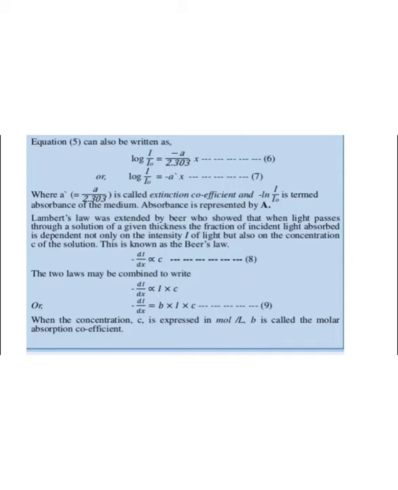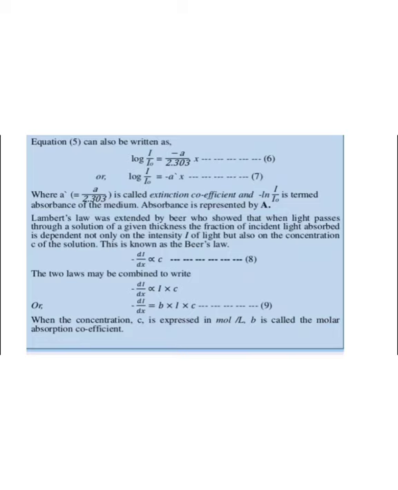Absorbance is equal to minus ln I upon I0, and transmittance is equal to I upon I0. Minus ln I upon I0 is termed the absorbance of the medium, represented by capital A.